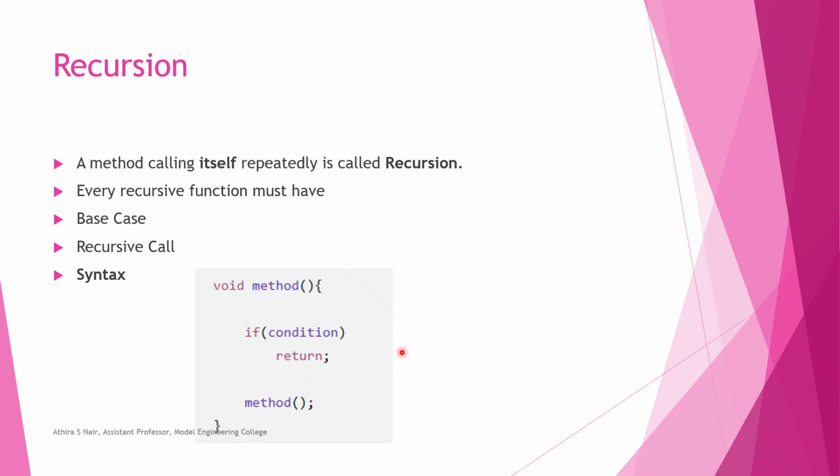Otherwise, the method will keep calling itself forever. This is called the base case. So the first is the base case and the second is the recursive call. This is the basic syntax for recursion: there will be a condition and then we can use the recursive call.